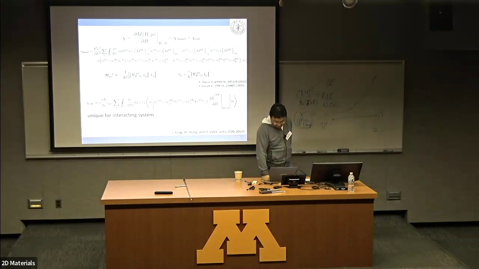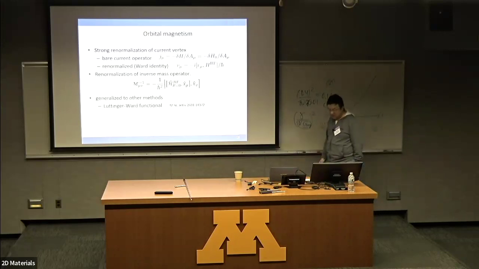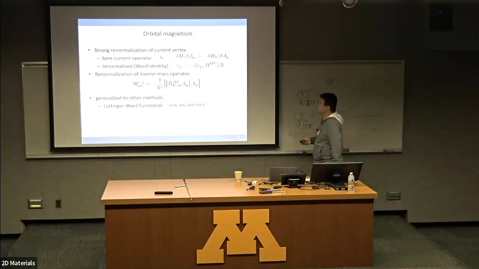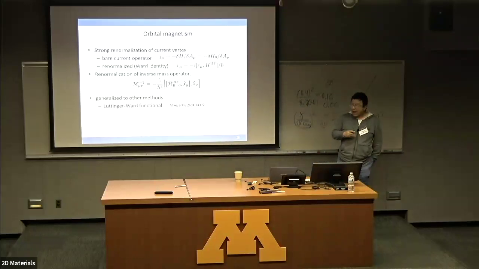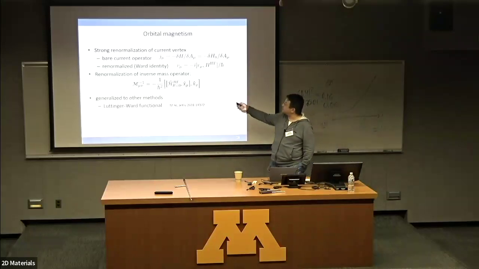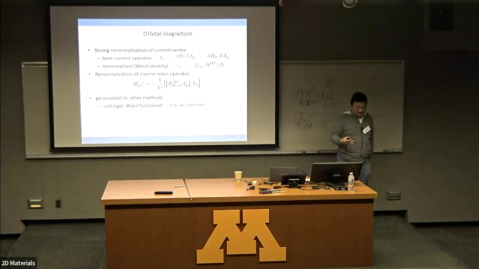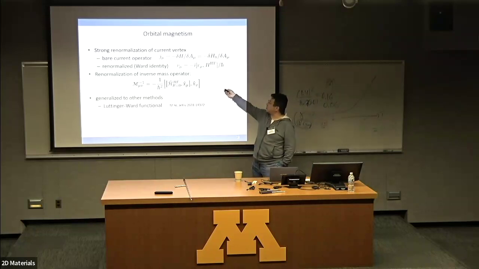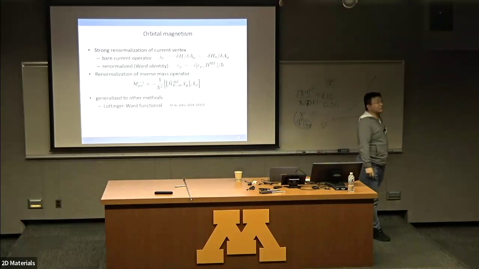Finally, to summarize, when we calculate the orbital magnetization and the orbital susceptibilities, we introduce the so-called velocity operator or current vertex, which in our calculation is defined as the commutator between the position operator and the Hartree-Fock Hamiltonian.